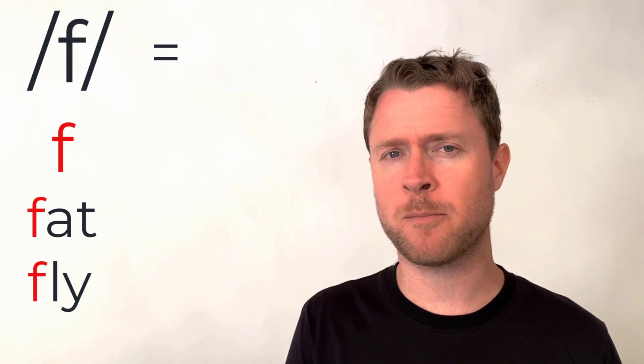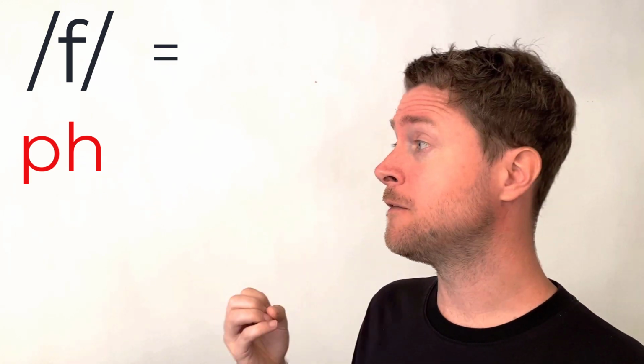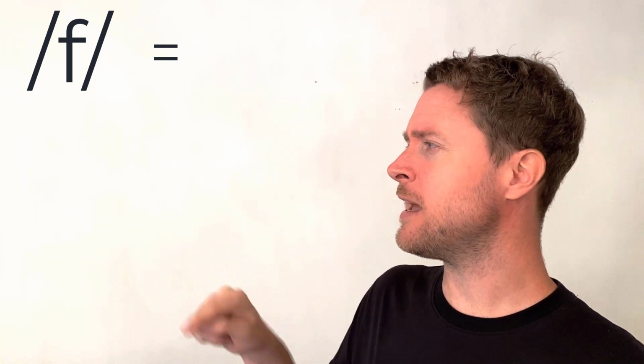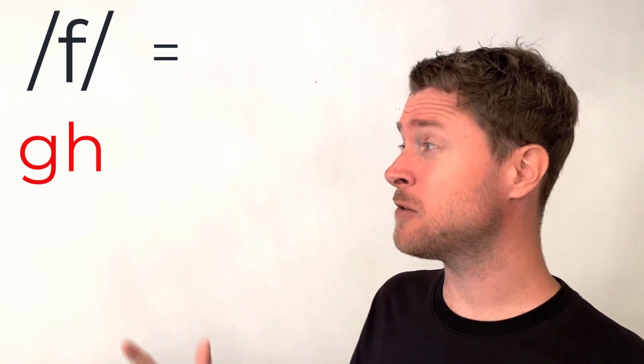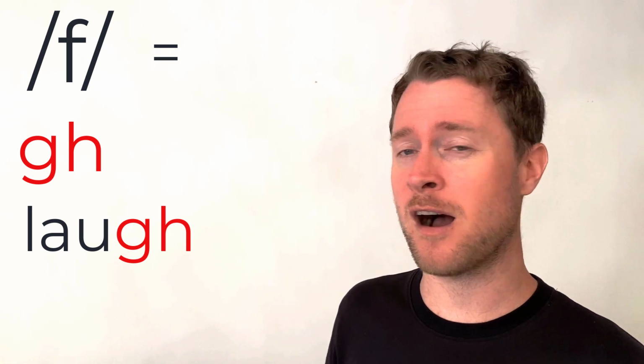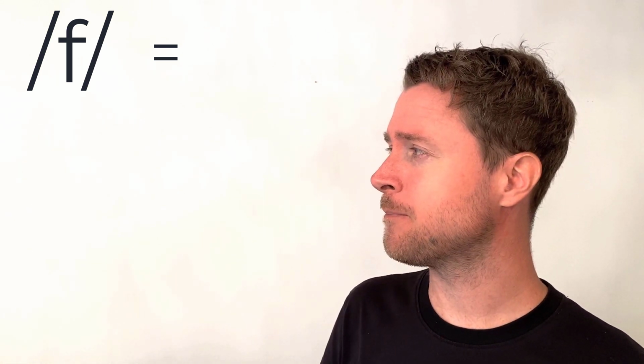It can also be pronounced with a PH, as in words like photo or photographer. It can also be pronounced at the end of words with a GH, as in the word laugh or laugh, depending on where you are.